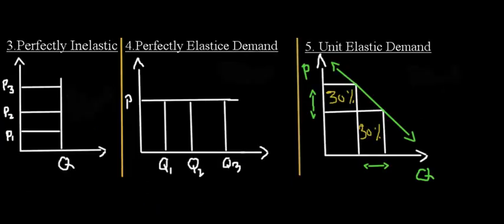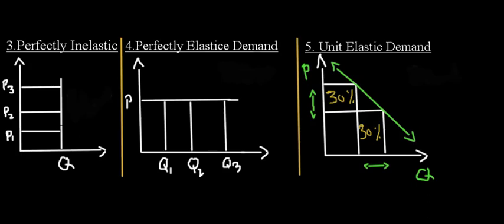Now let's talk about perfectly inelastic demand. What if the prices of certain goods like insulin go up time and again? People tend to buy at any price level. This is an extreme condition of the demand curve. As shown in the figure, the demand curve is an absolutely vertical line.